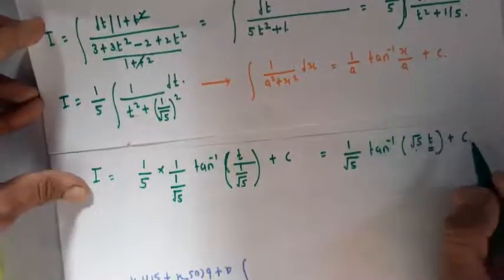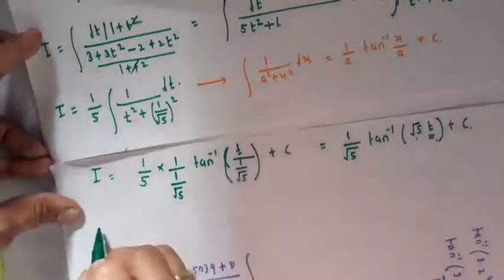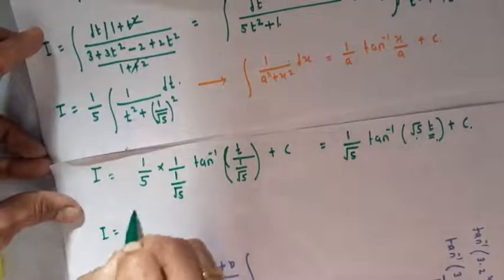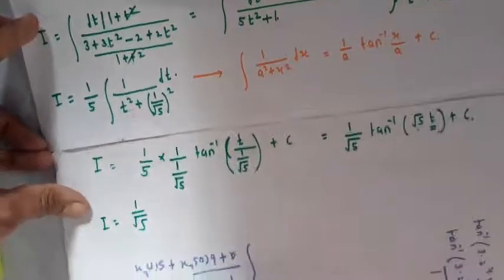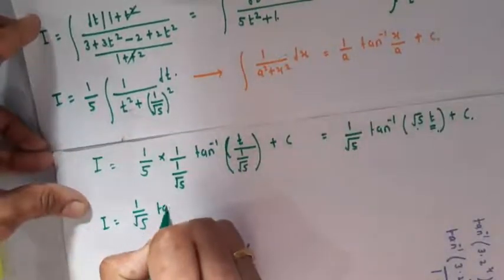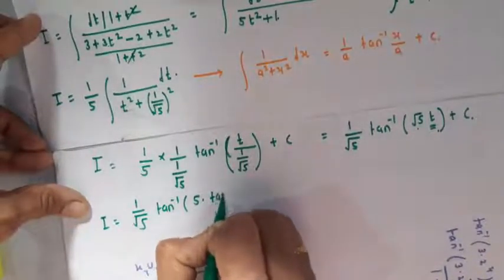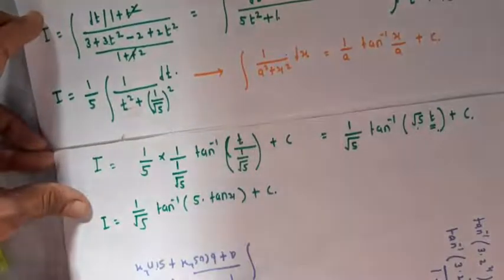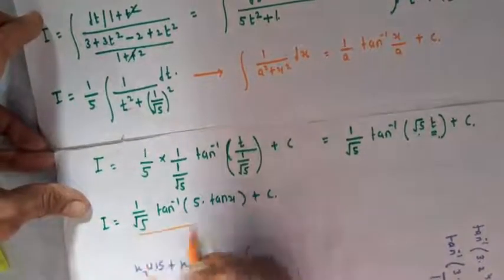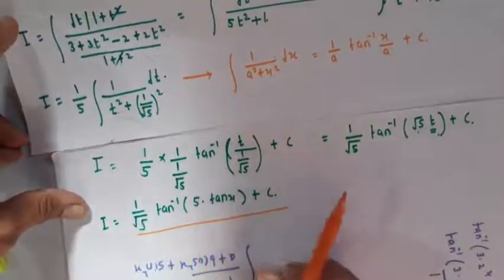Resubstitute the value of t, and hence the answer is 1 upon root 5 tan inverse of root 5 into tan of x plus constant of integration c. In this way we have to solve the problem, and this is the solution for the given integration.